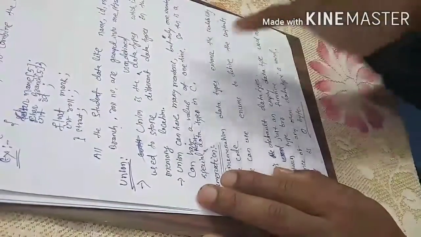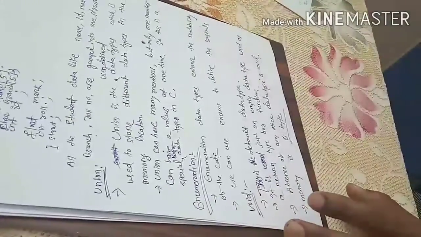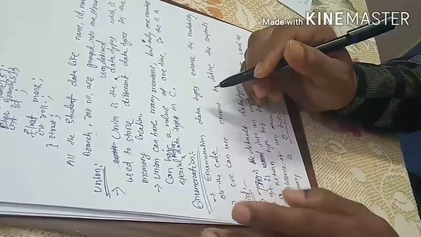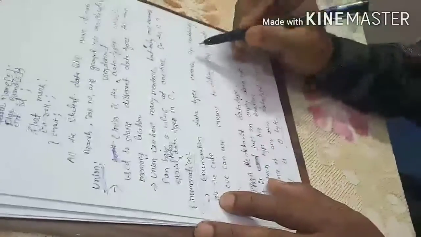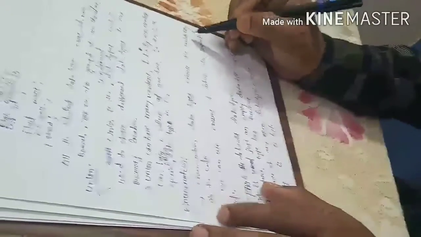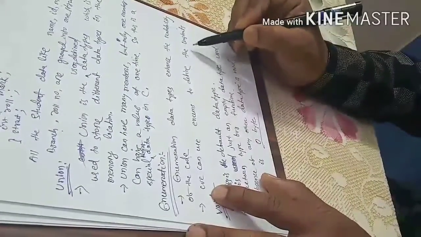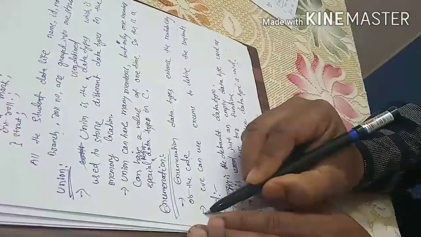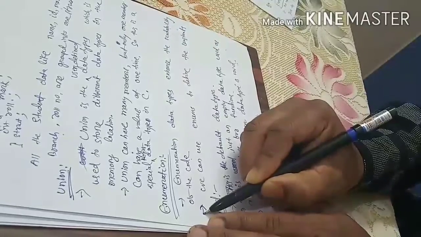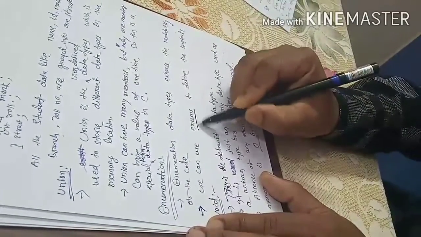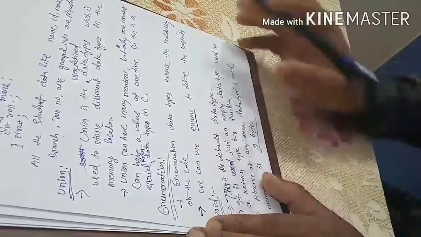So this is a special kind of data type in C. Next, enumeration. Enumeration data types enhance the readability of the code. We can use enums to define constants. So for enumeration data types, the short form we use is enums. So enums is used to define constants.